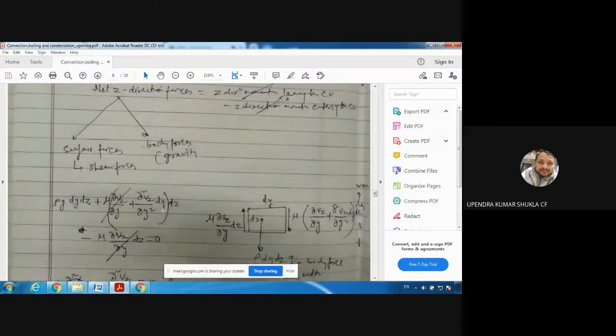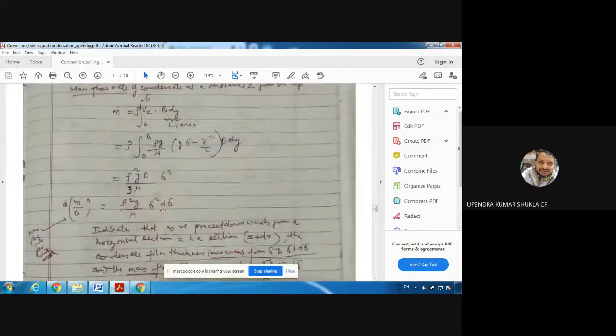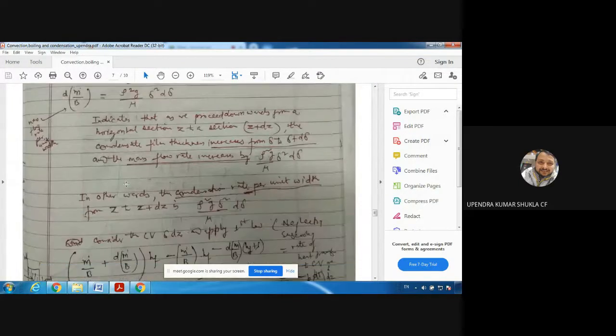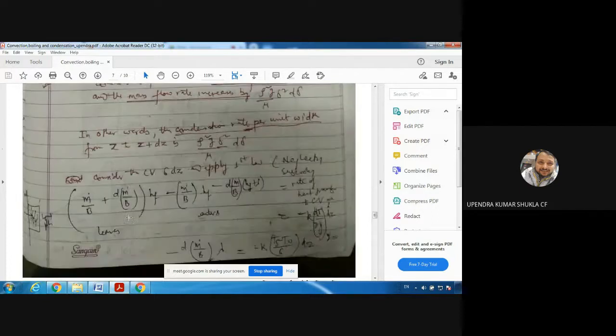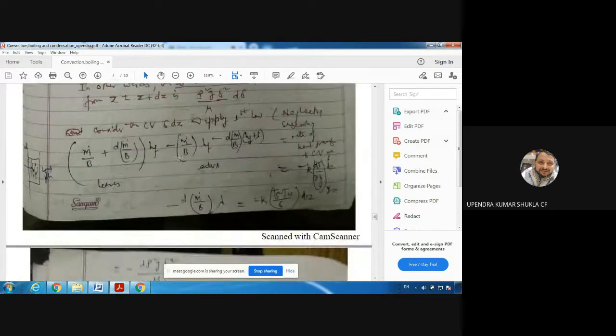So this is the condensation rate, rho square g delta square d delta by mu. Now we have applied the momentum balance, and we have to apply the energy balance. So for the energy balance, consider the same control volume and apply the first law of thermodynamics.